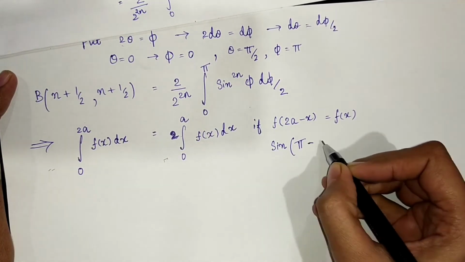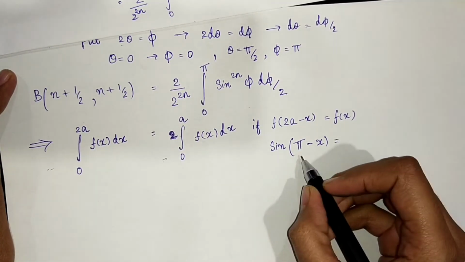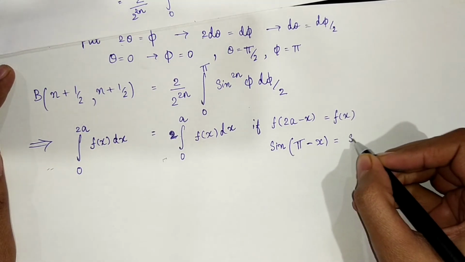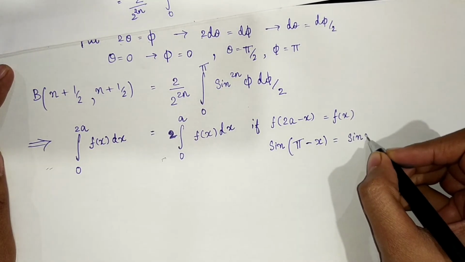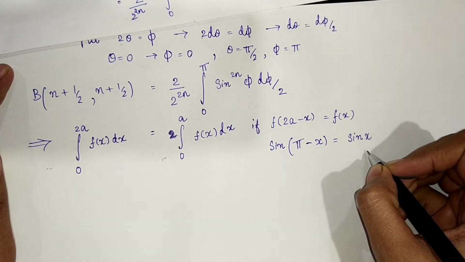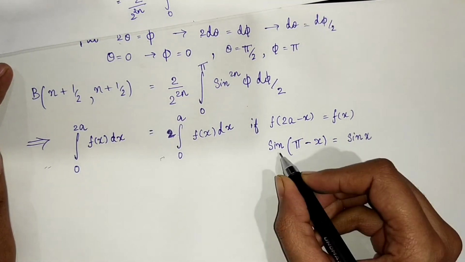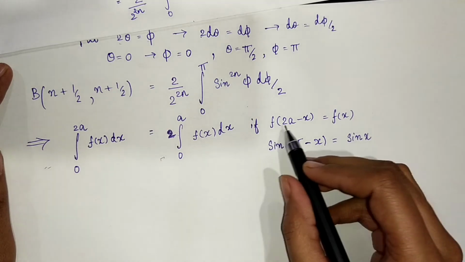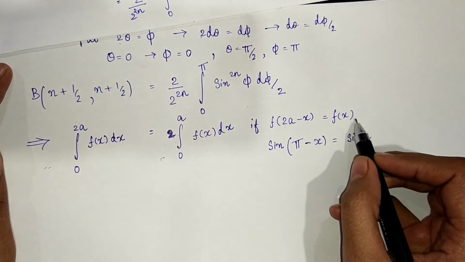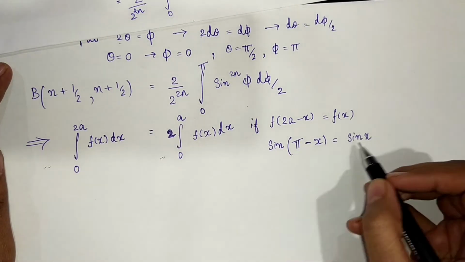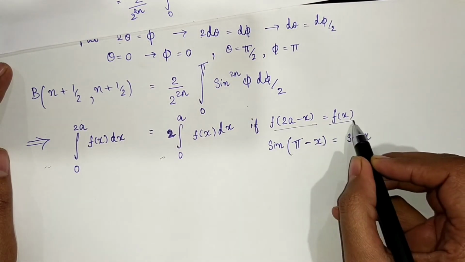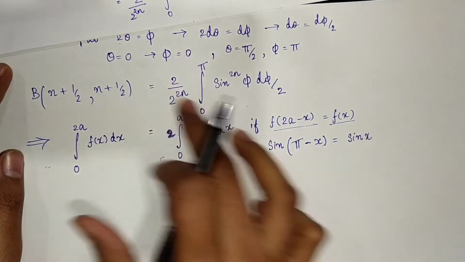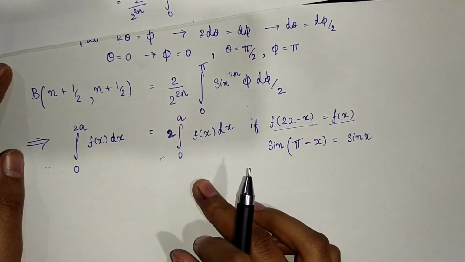So pi minus x, sine of that will remain as it is, sine x. So as f of 2a minus x is equal to f of x, we can replace this equation by this term.